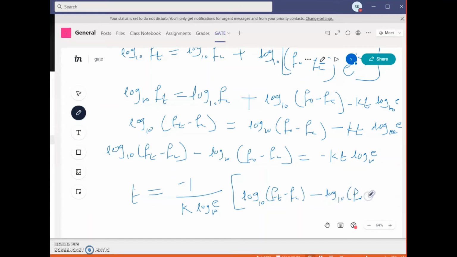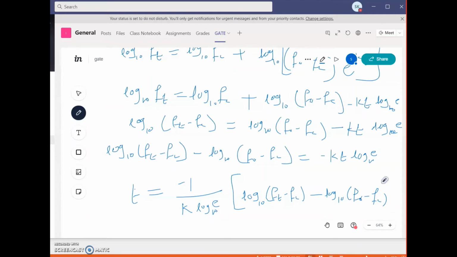If not minus... Okay, log of, yeah, we can write in that way.